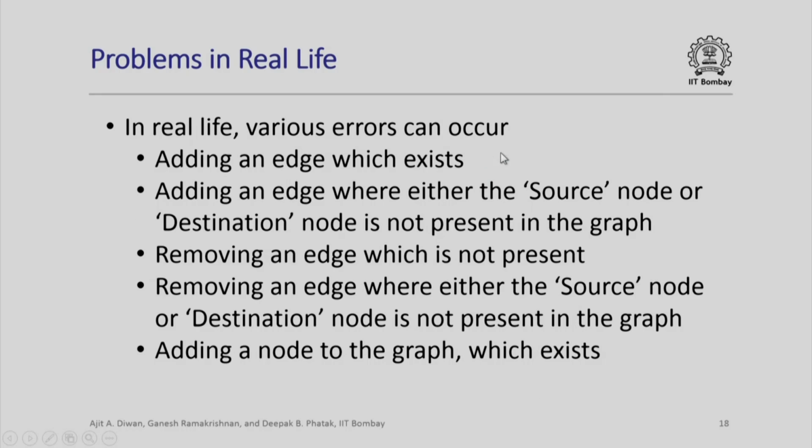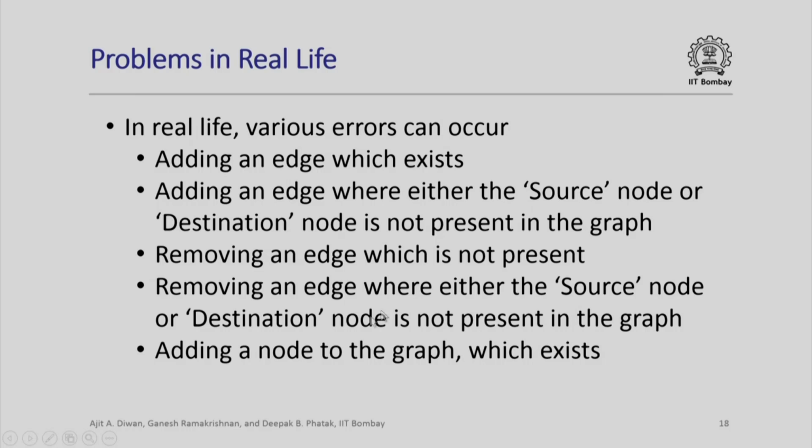For example, because of the wrong input given by the user, we might try to add an edge which already exists, or we might try to add an edge where either the source node or destination node is simply not present. Similarly, we might try to remove a non-present edge, or we might try to remove an edge where either the source or destination node is not present.